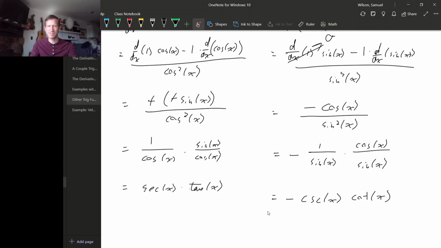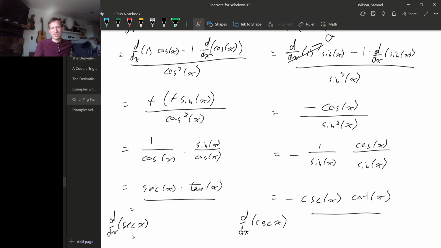All right. So this is the derivative of cosecant, and this is the derivative of secant. You can see that the derivatives of the cofunctions are the derivatives of the originals, but also with the minus sign.